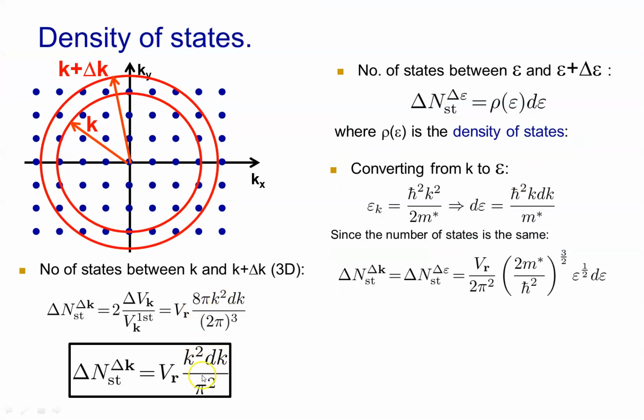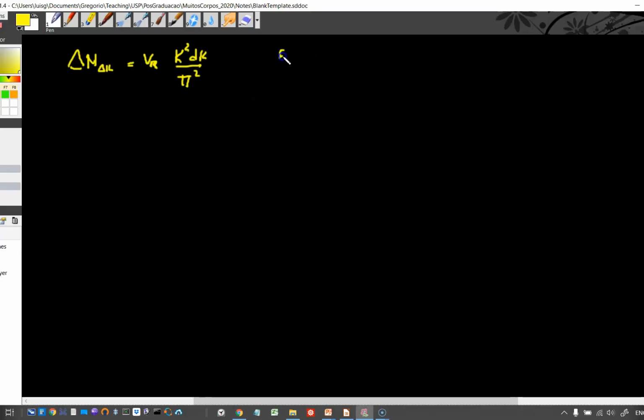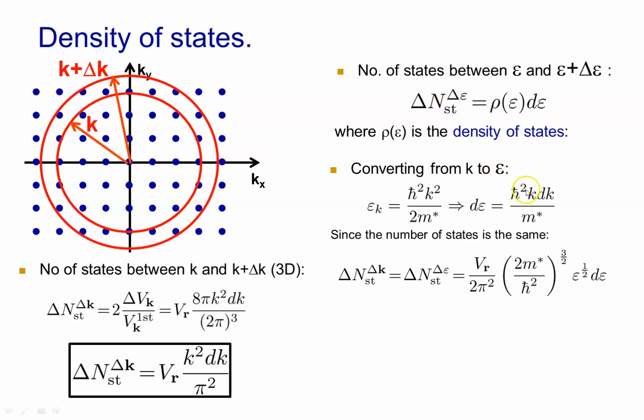We figured that the number of states between k and k plus delta k is the volume in real space times k squared dk over pi squared. That's on this slide here. And if we want to calculate in terms of energy, we use dε equals h bar squared k dk over m star, which is exactly what we had here.